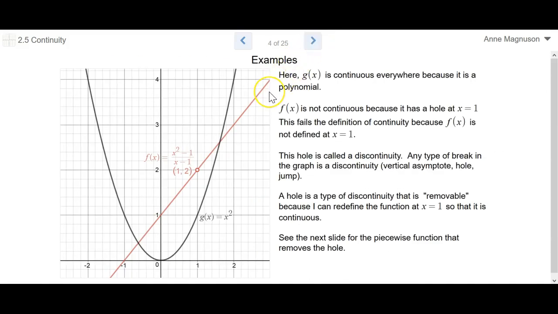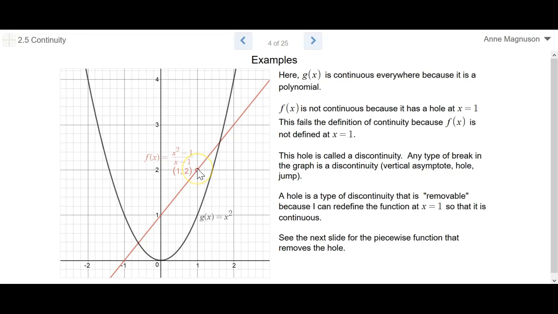So there are different classifications of discontinuities. If you look at this rational function that we've looked at again and again, this hole at the point (1, 2) is an example of a removable discontinuity, because you can define this function to be defined when x is 1.